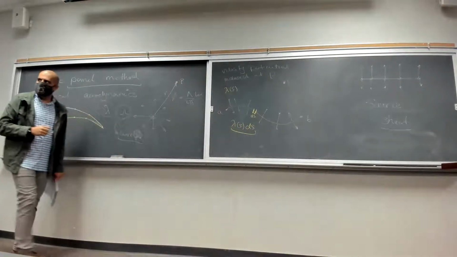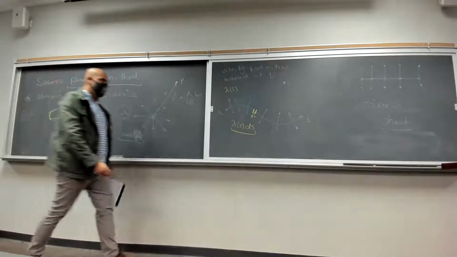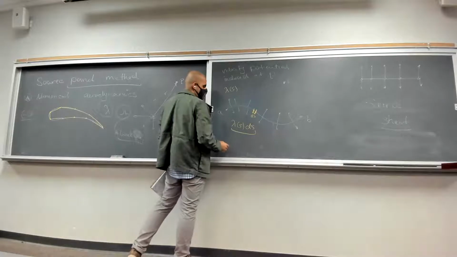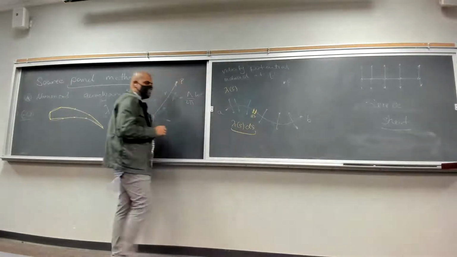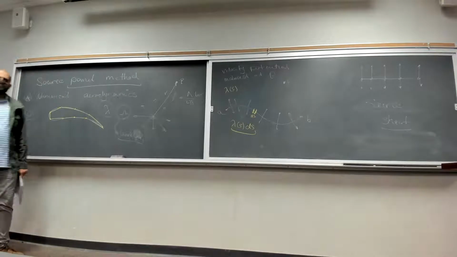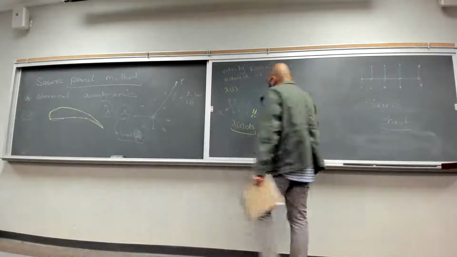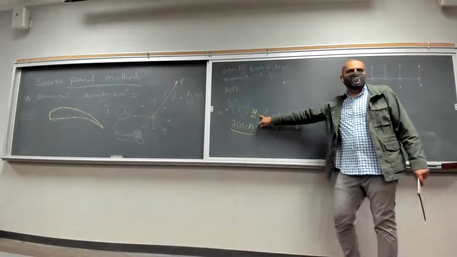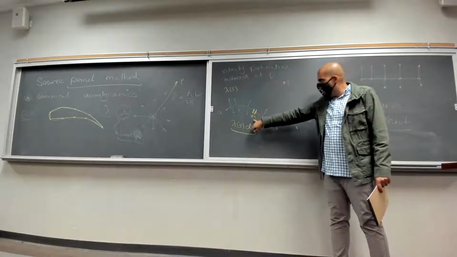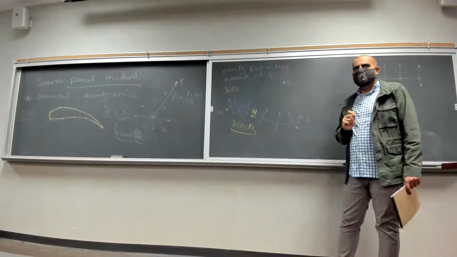Does it make sense? So it's essentially a couple of unknown number of sources inside this ds, and their strength is going to be lambda multiplied by the length of that ds. So what will be the velocity potential induced at P by this small section of the source sheet?